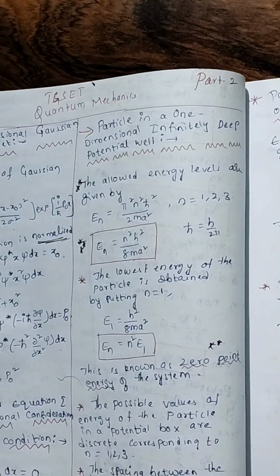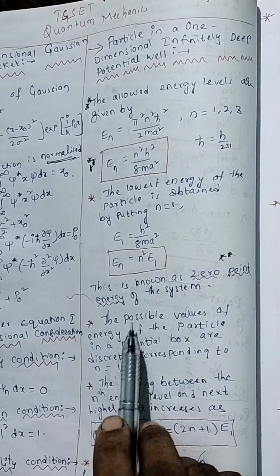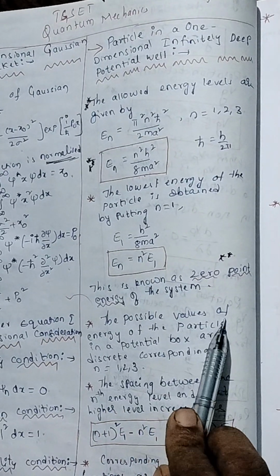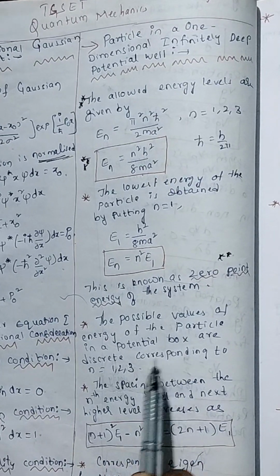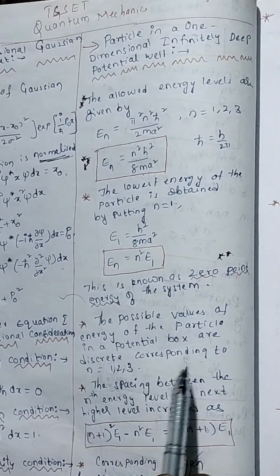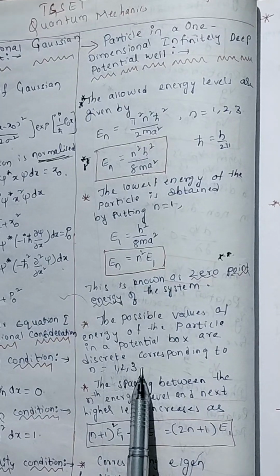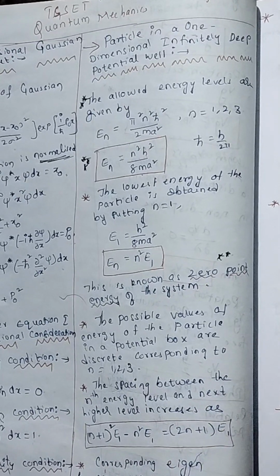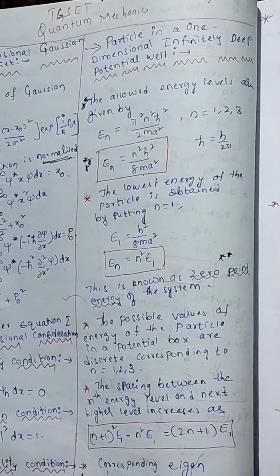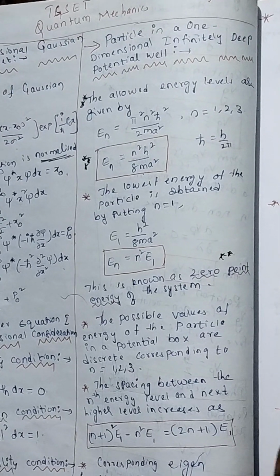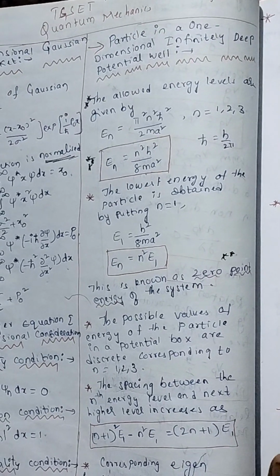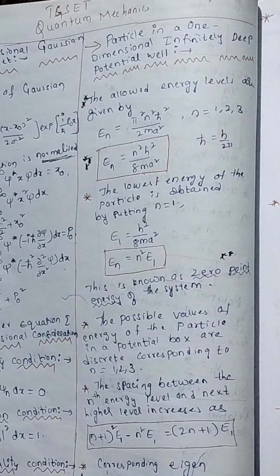Next, the possible values of energy of the particle in the potential box are discrete, corresponding to n equal to 1, 2, 3. The energy is not continuous. In simpler words, energy is discrete and the n values are 1, 2, 3.